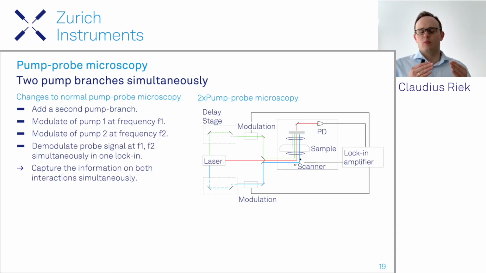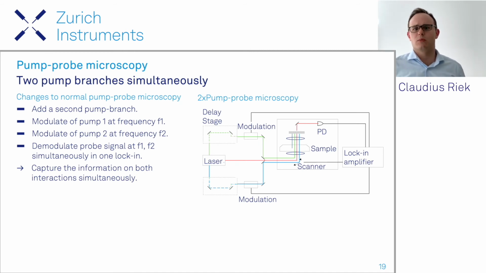So now what you can do in addition with modern lock-in amplifier technology is something very cool. We can go for pump probe microscopy, and instead of having 1 pump, we now have 2 pump branches simultaneously.